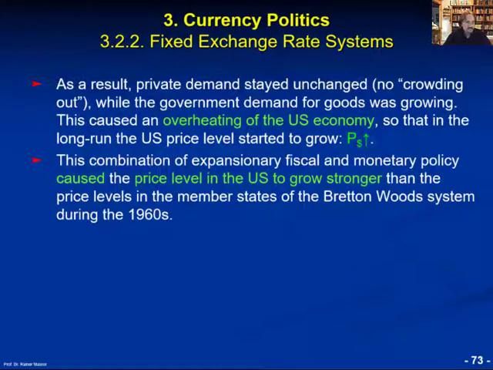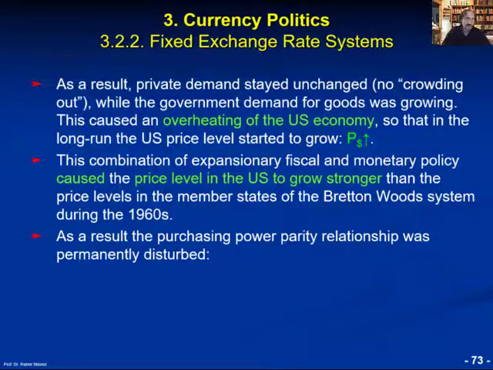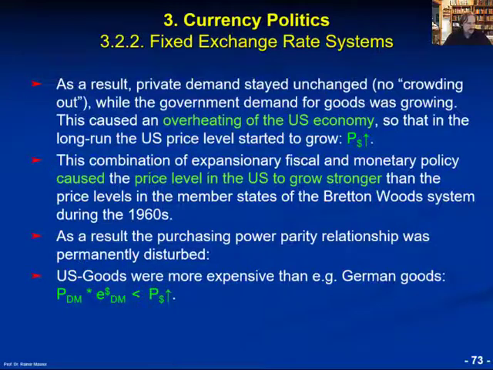This combination of expansionary fiscal and monetary policy caused the price level in the United States to grow stronger than the price levels in the member states of the Bretton Woods system during the 1960s. As a result, the purchasing power parity relationship was permanently disturbed. So, goods in the United States were more expensive than, for example, German goods.